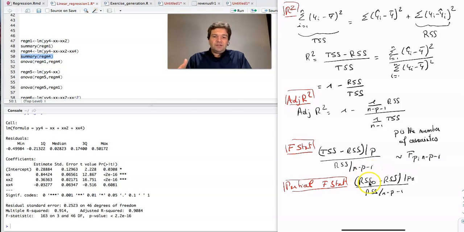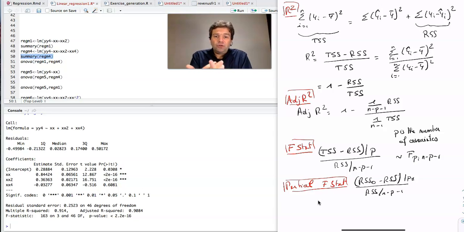RSS0 is the reduced model, we say that, and RSS is the full model. That means that our objective is to say more precisely, if we add 1 or 2 or 3 covariates, is it important?